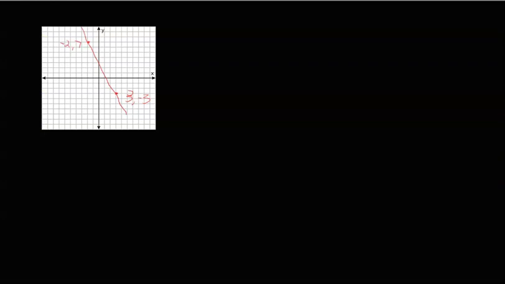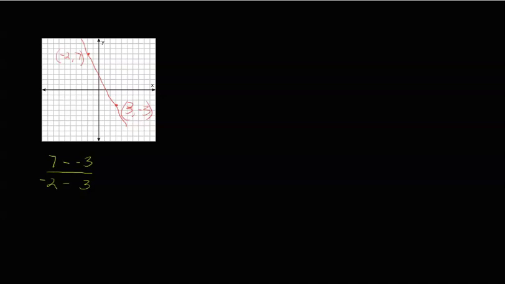Let's say they give you a graph and they give you the coordinates. Instead of counting, I'd much rather just use the formula. It doesn't matter which one's the first one and which one's the second one. I usually go left to right. So 7 minus a negative 3 over negative 2 minus 3.